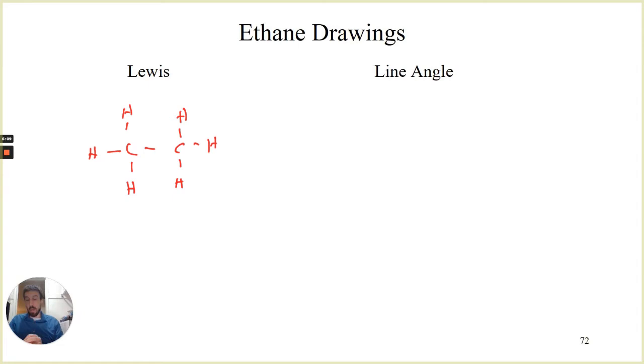If we move to our line angle, we could say hydrogen, hydrogen, something along these lines. Okay, note again where our V's are, V, V, V, V, back those out.